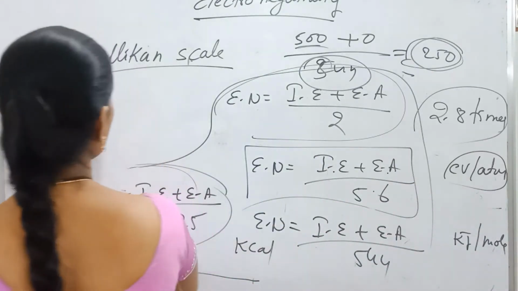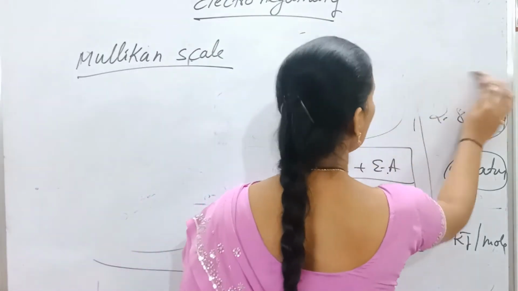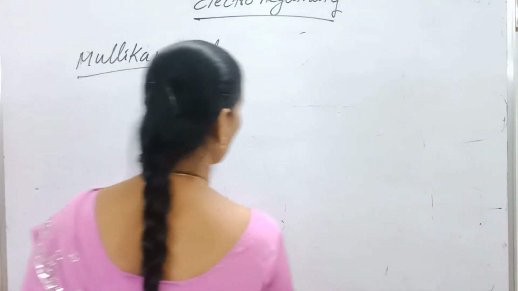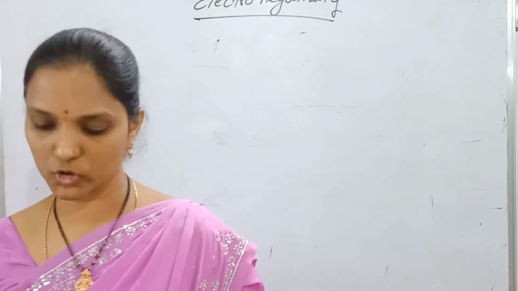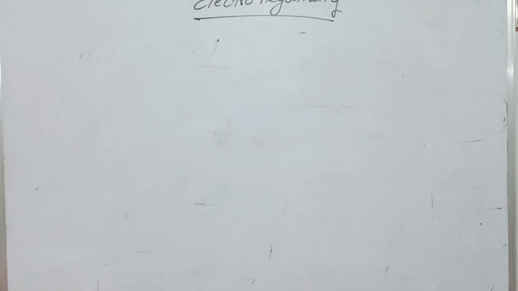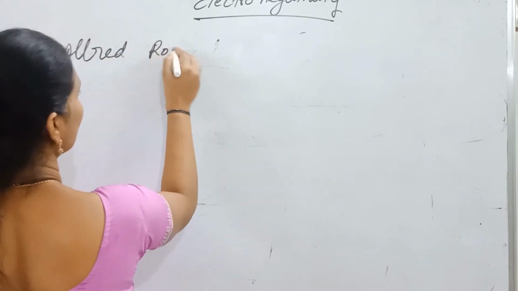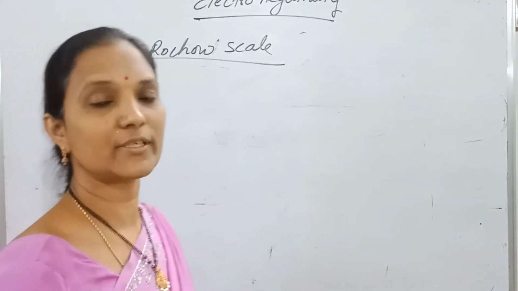One more scale we can use to calculate electronegativity is the Allred-Rochow scale. How to calculate electronegativity in the Allred-Rochow scale?